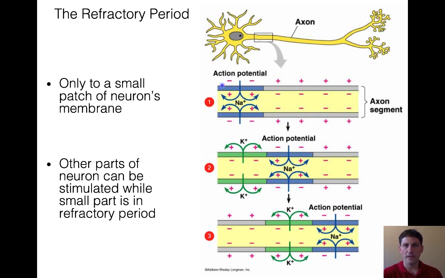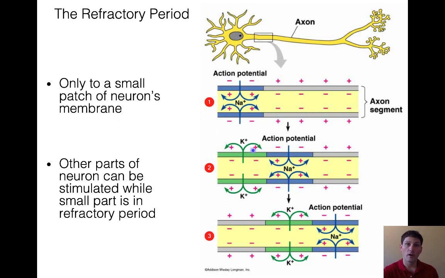But what's happening is as that action potential is moving down our axon, because remember, our neurons are communicating in one way, from the dendrites to the axon terminals. So sodium moves in, it stimulates more sodium channels to open, which stimulate more sodium channels to open, and that action potential is moving down our axon.